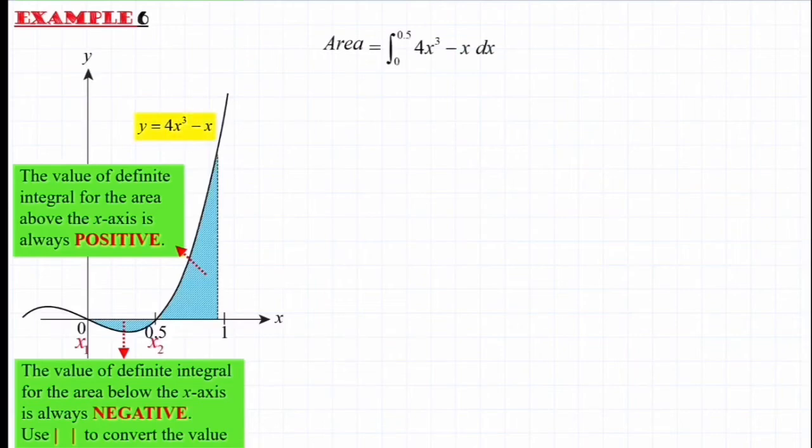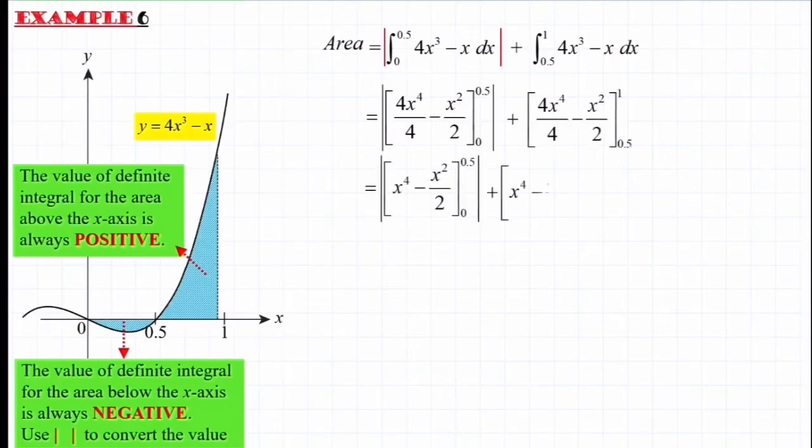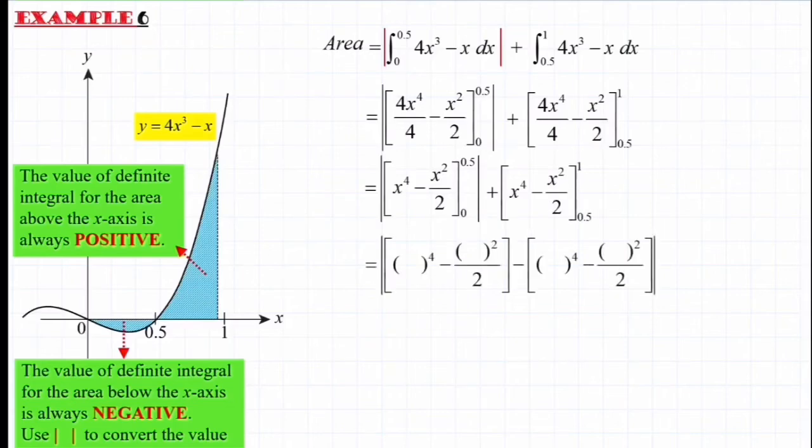Let's integrate from 0 to 0.5 for 4x cubed minus x dx. So we put the two lines, you see, the modulus, to make it positive, plus integrate from 0.5 to 1. Okay, that one is positive. So we will substitute the limit after we integrate.